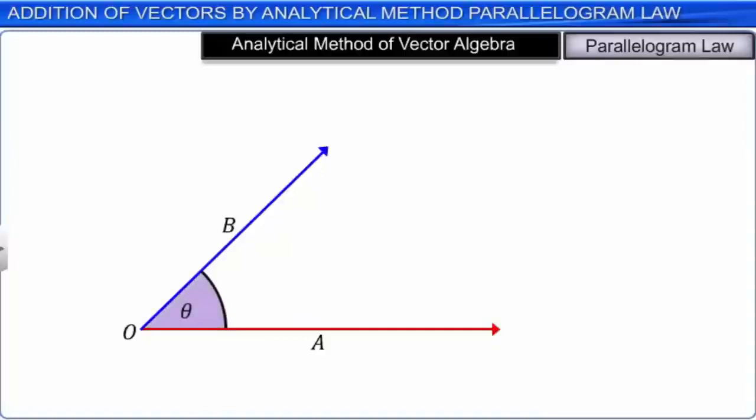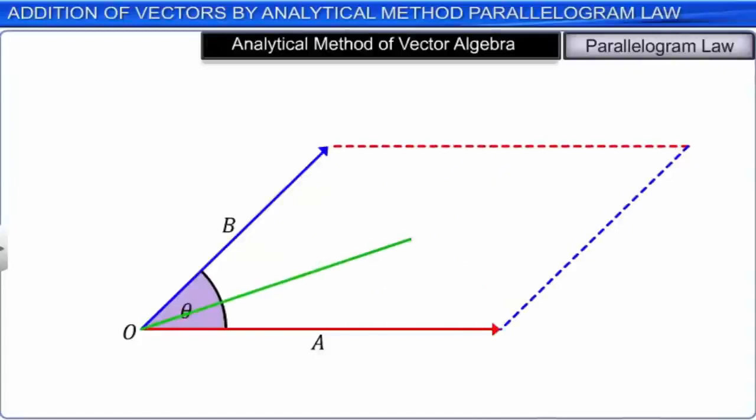To find the resultant C of these two vectors, complete the parallelogram with A and B as adjacent sides. The diagonal drawn from O of the parallelogram represents the resultant C of the two given vectors, A and B. The resultant vector C makes an angle alpha with vector A.